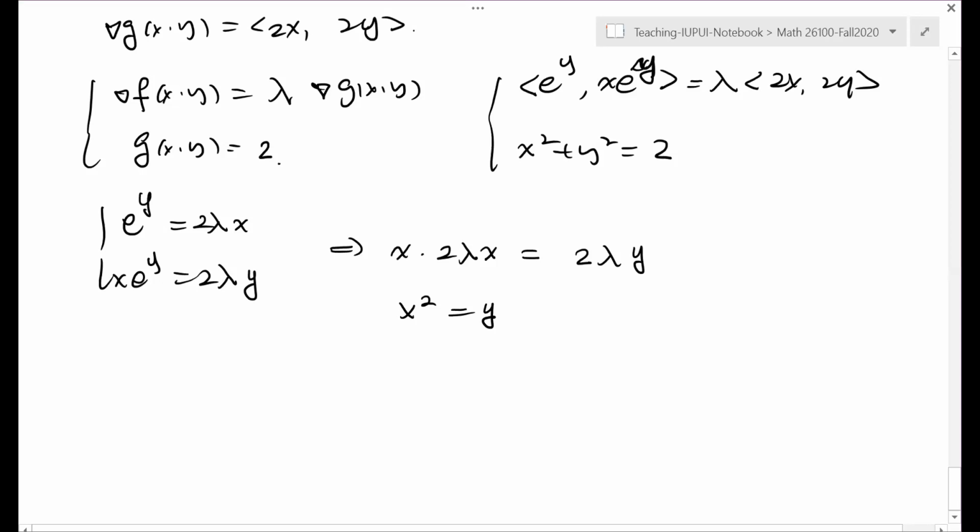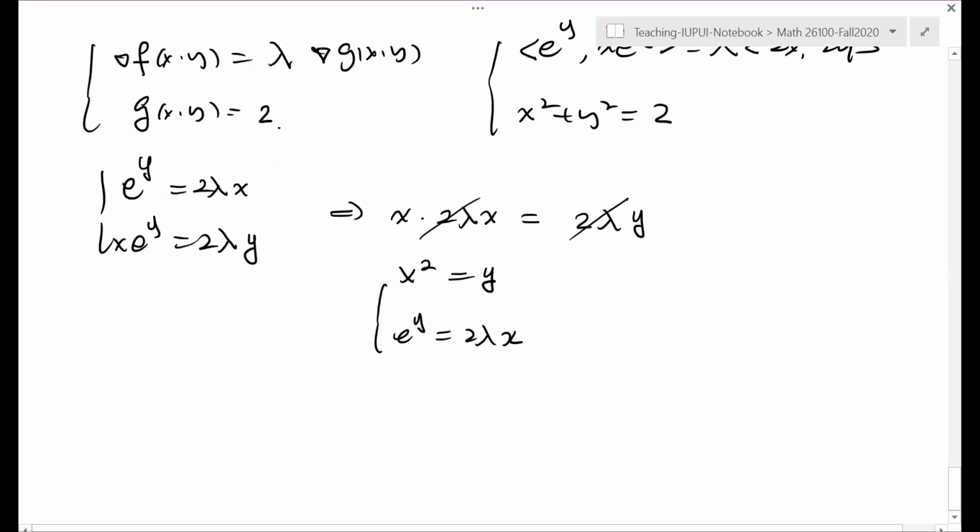Now you only have two equations: 2 lambda x times e to the y and 2 lambda y, so the 2 lambda cancels out. Basically I think we cannot get the x easily.